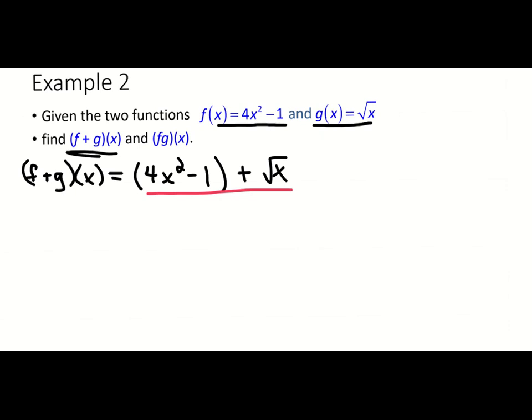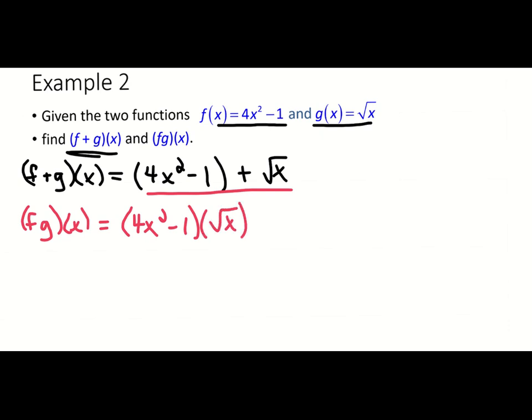Now for the next one, we are going to multiply. So we're going to do f times g of x, which means we're going to do 4x squared minus 1 times the square root of x.